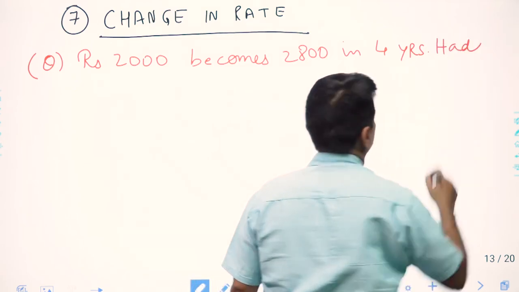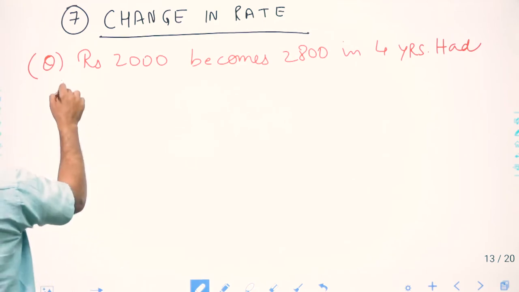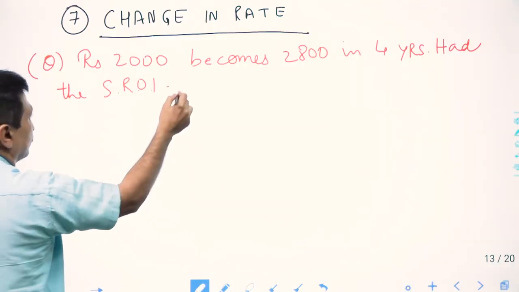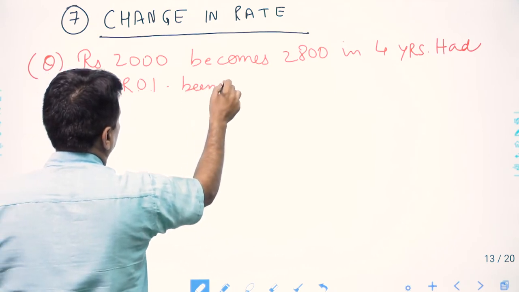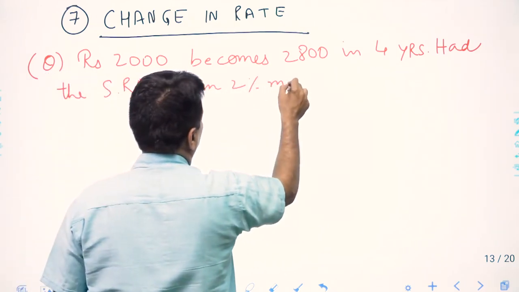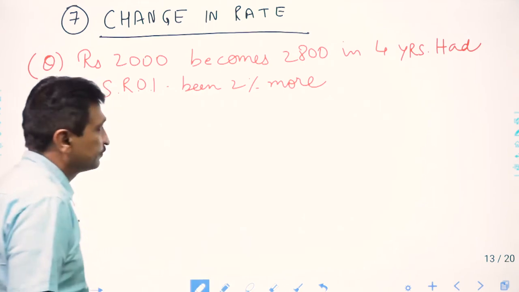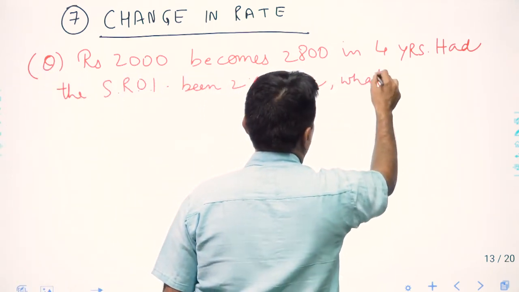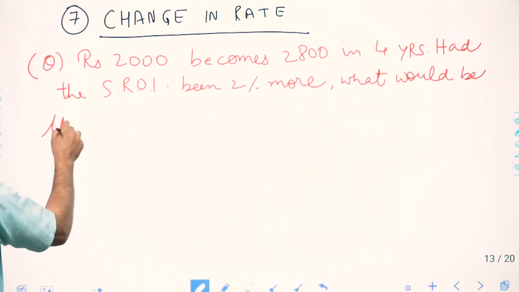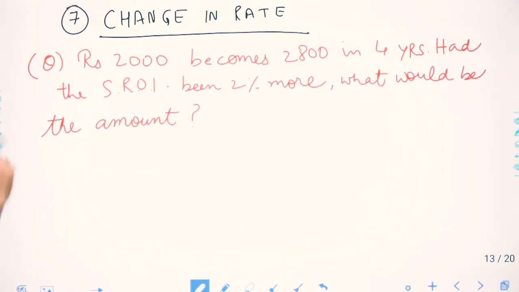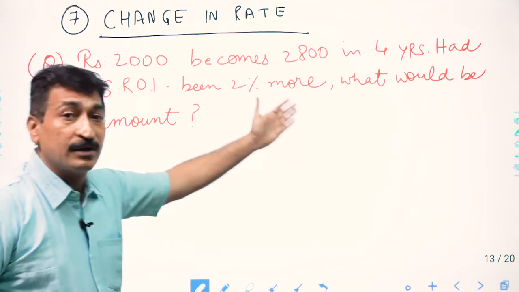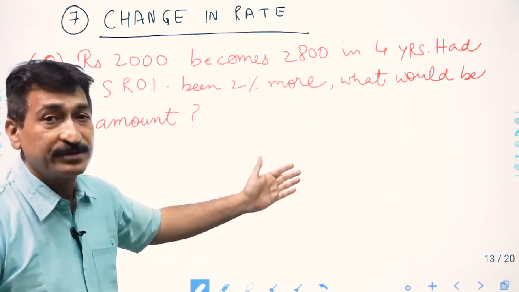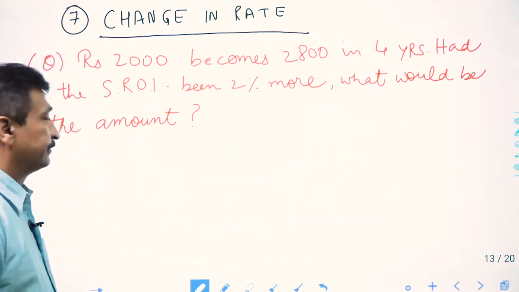Had the simple rate of interest been 2% more, what would be the amount?